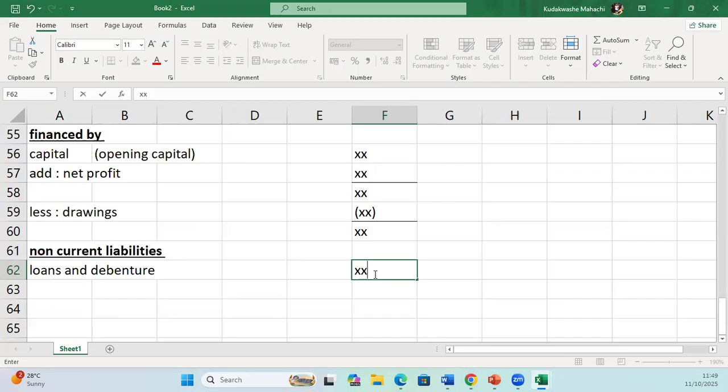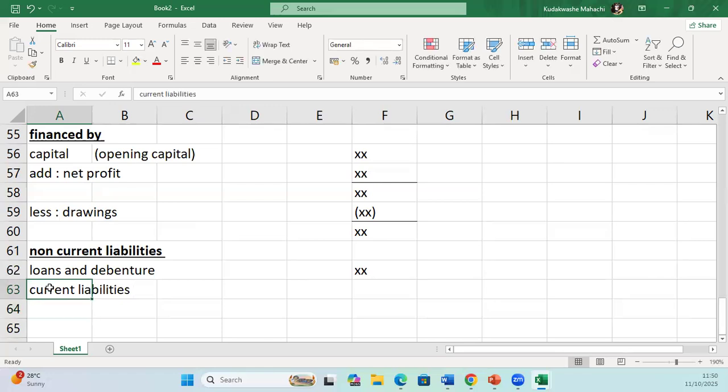Besides the loans and debentures, let's move to current liabilities. So after the non-current liabilities, we move to current liabilities. These are the payments we have to make before the year end.